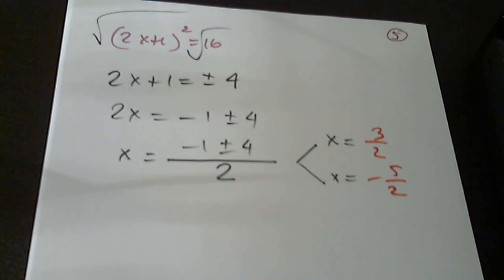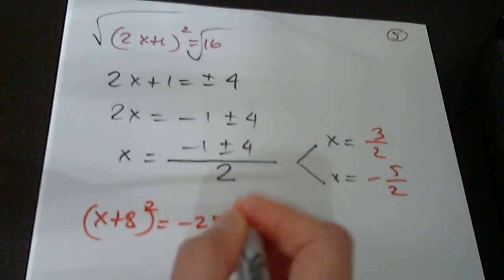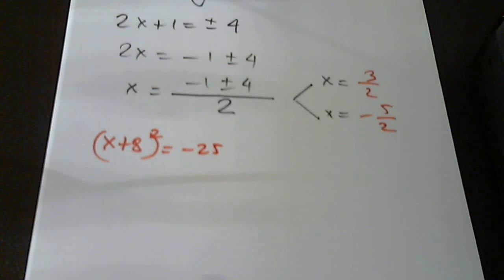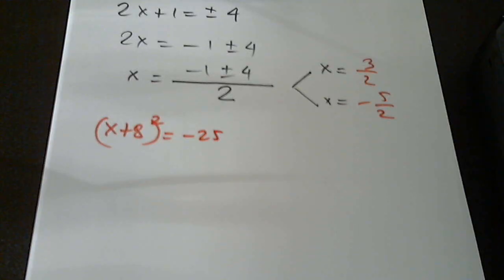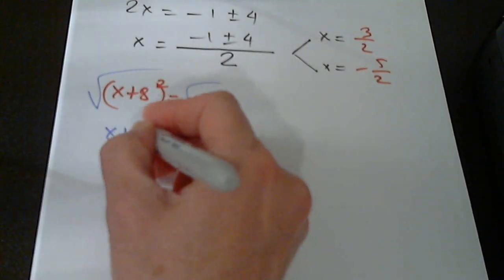Identical situation, but I like to work on this one, and you will see why. Can anyone guide us through this? The square is already completed. What do I do? The square root of both sides. Of course, apply the square root. The left-hand side is x plus 8.